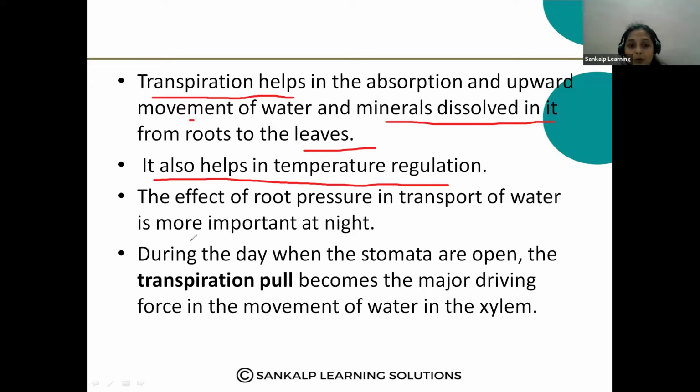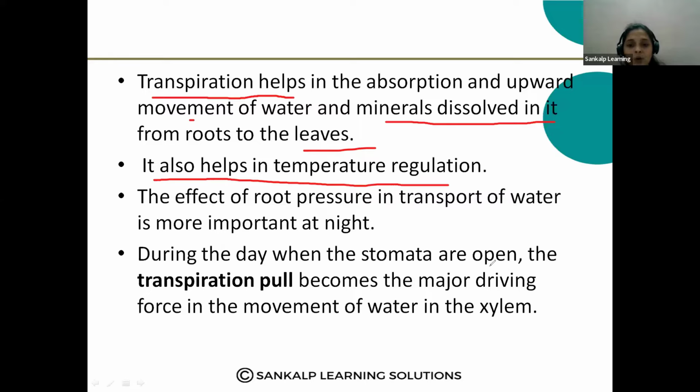Very important: the effect of root pressure in transport of water is more important at night. Just concentrate on this point. During the daytime, stomata are open, because during the daytime the photosynthesis process takes place. Stomata are open because they need the gas exchange for the photosynthesis process.